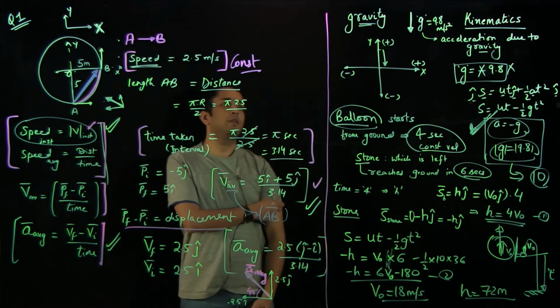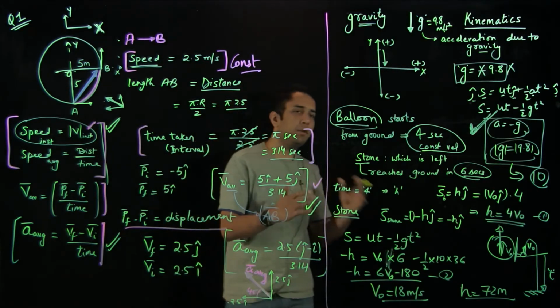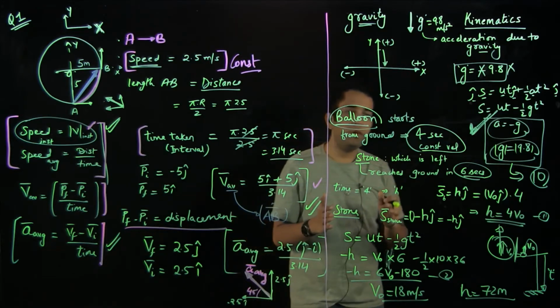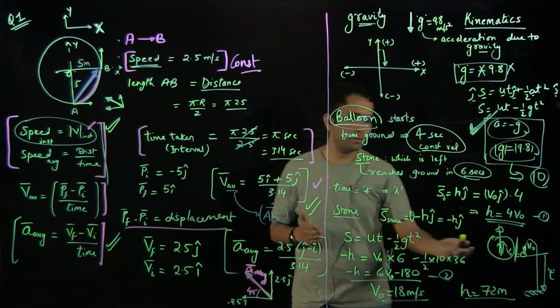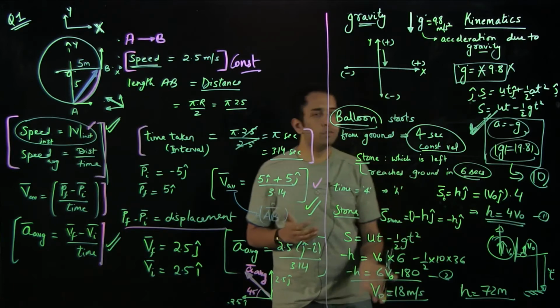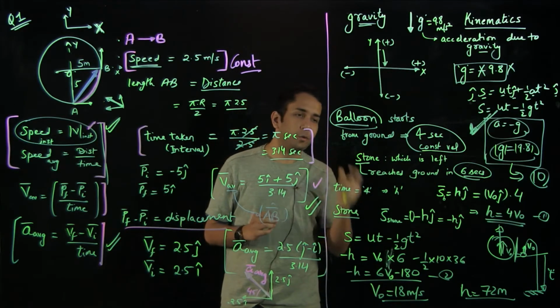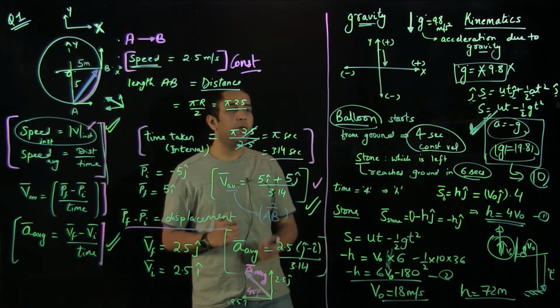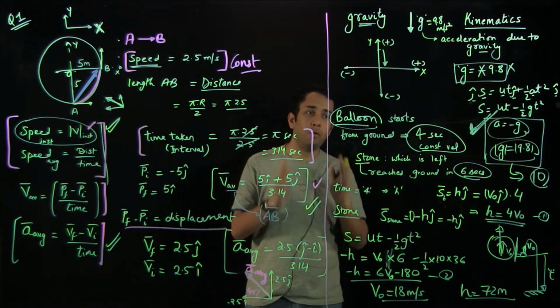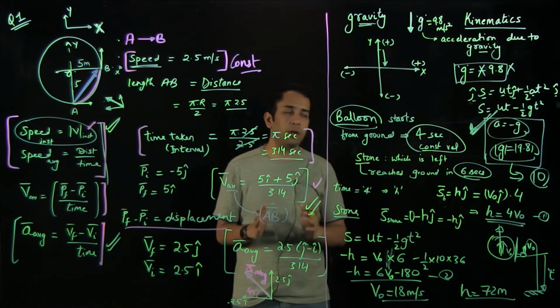So, just giving a summary of the question. What we were given is that a balloon starts from the ground and moves upward with a constant velocity. At 4 seconds, a stone was left from the balloon, because at that moment the balloon was still traveling at a constant velocity.